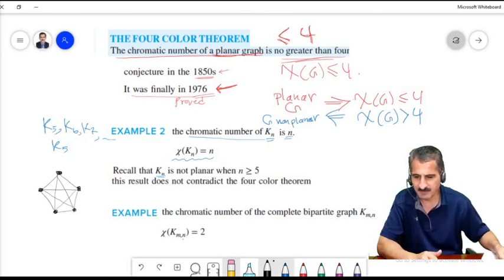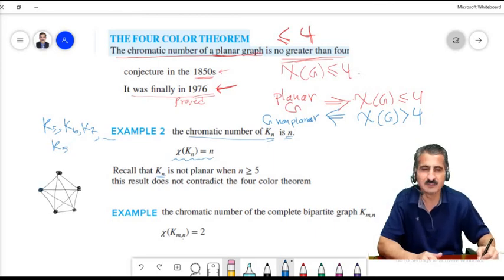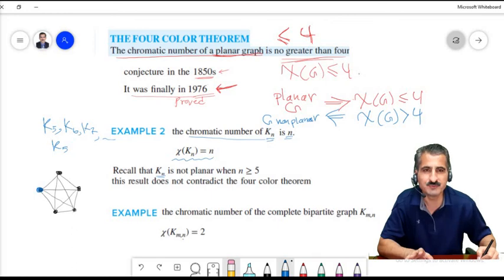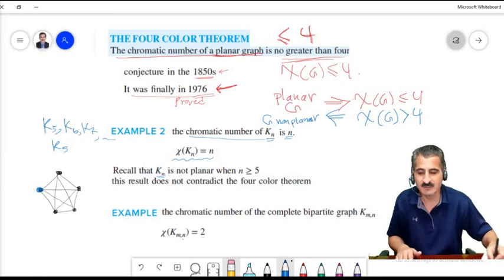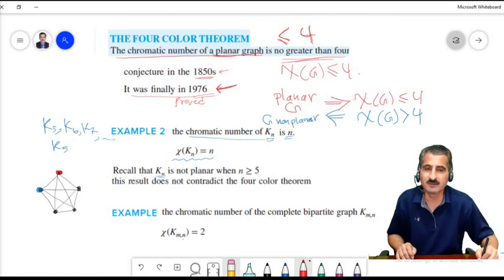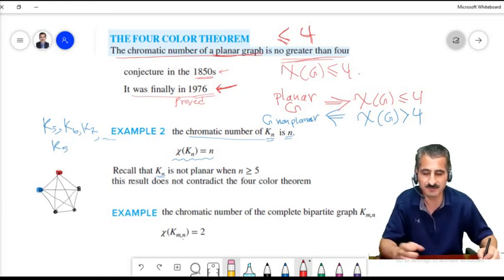If you choose, for instance, blue for this one, you cannot choose blue for any other vertex, because this blue vertex is connected to every other one. So to color the other vertex, we will use a different color, red. And also we cannot choose red for any of the remaining vertices, because each one of them is connected to the red one.